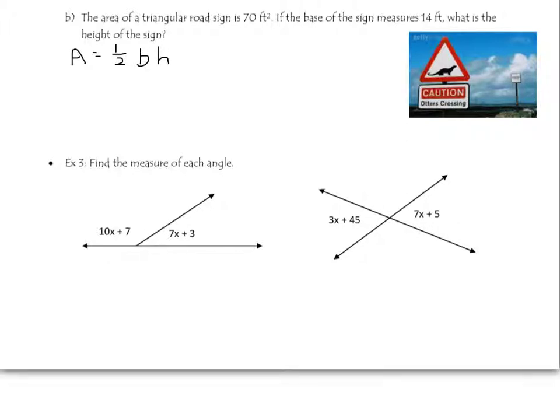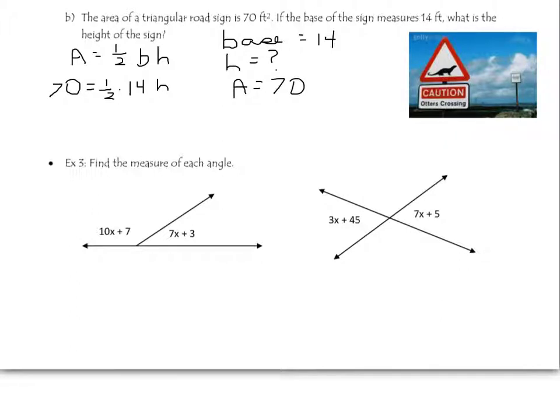And we know that the base is 14. We don't know the height. We do know the area is 70 square feet. So we plug in 70 for area equals 1/2 times 14 times height.